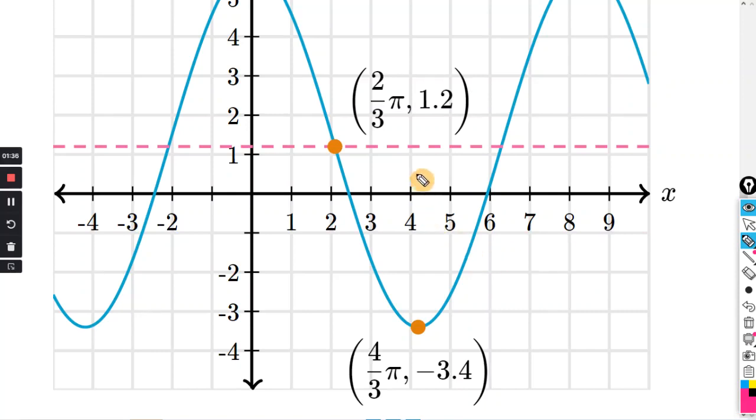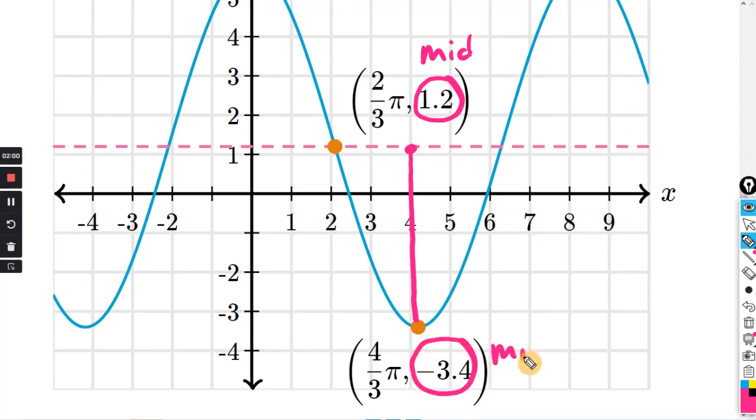The amplitude is just the distance from the midline to either the minimum or the maximum. So we're looking at y coordinates here. This one is 1.2, that's the midline. And the minimum is this point right here. That's negative 3.4.